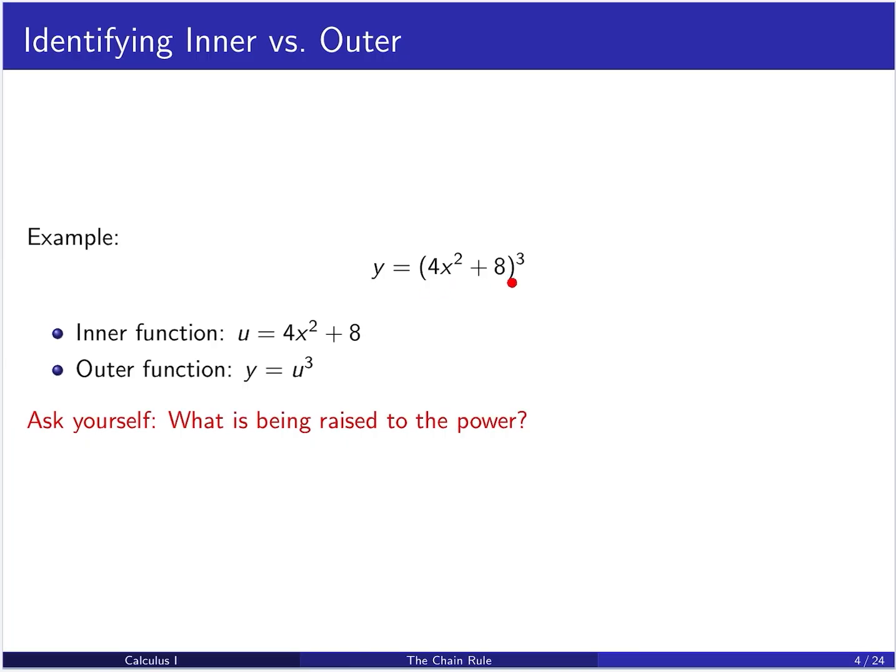For y equals (4x squared plus 8) cubed, the last step would be cubing. So cubing is the outer function. This works every time. The last operation is the outer function.